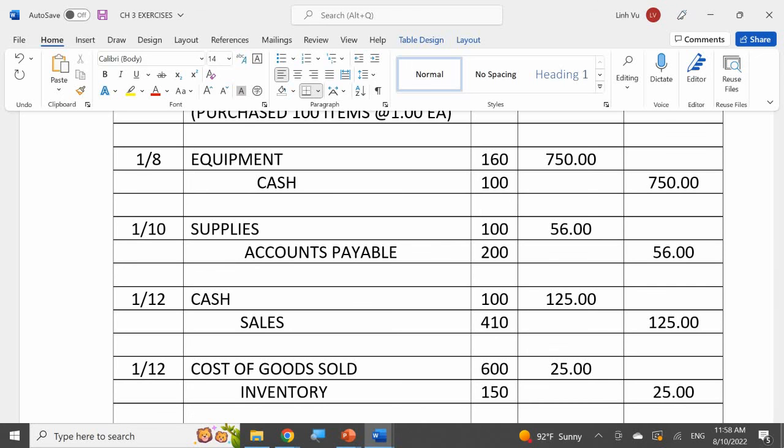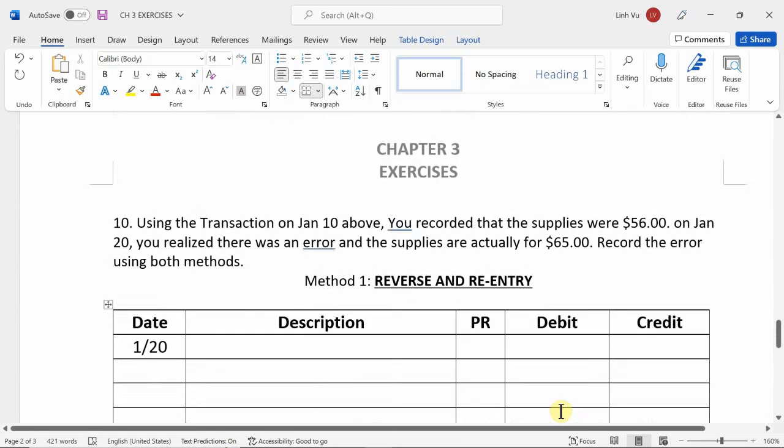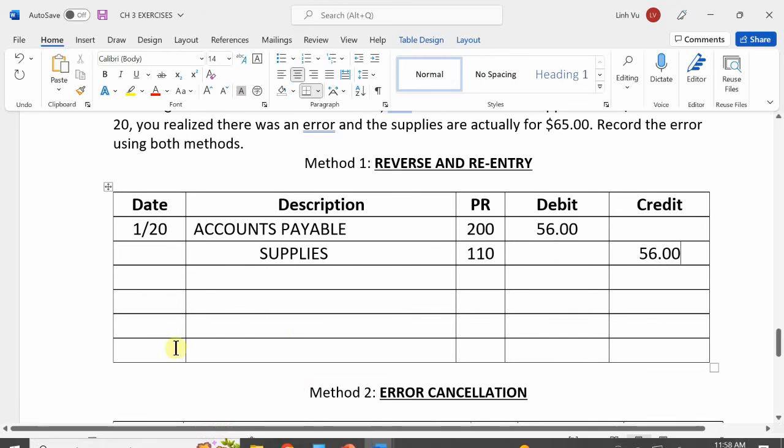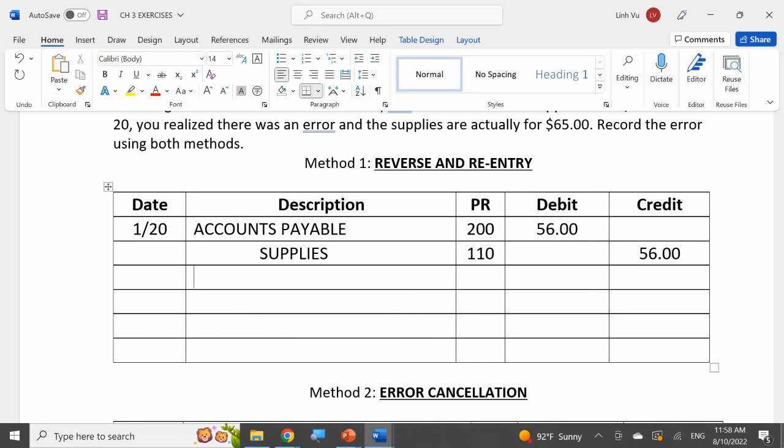Correct? And the accounts payable would be a debit instead of a credit. Correct. You're going to reverse the transaction by returning the items. Remember, if you think about it in real life, you're going to return the items for the $56 that you originally purchased them for. And of course, you'll put a description to reverse the entry.